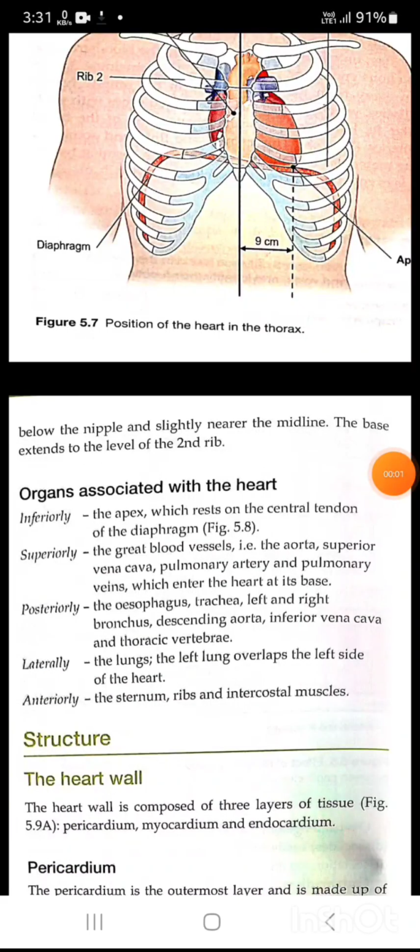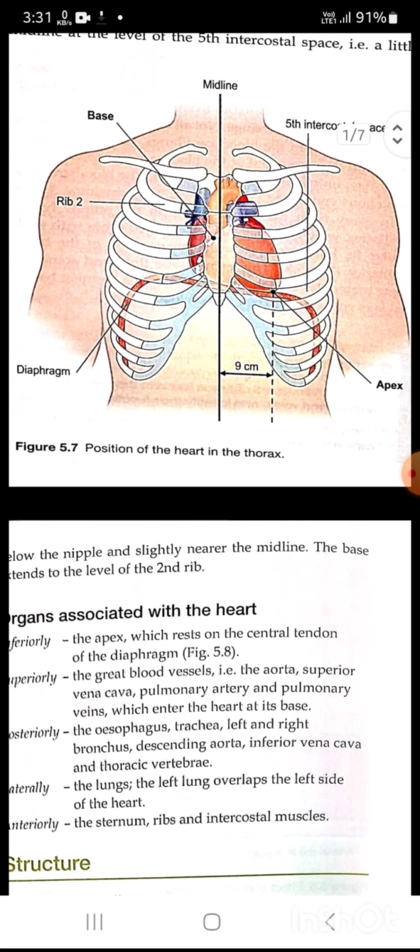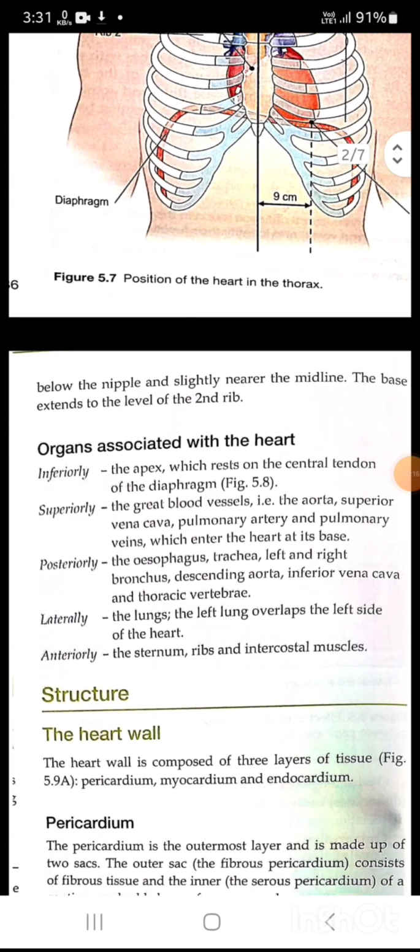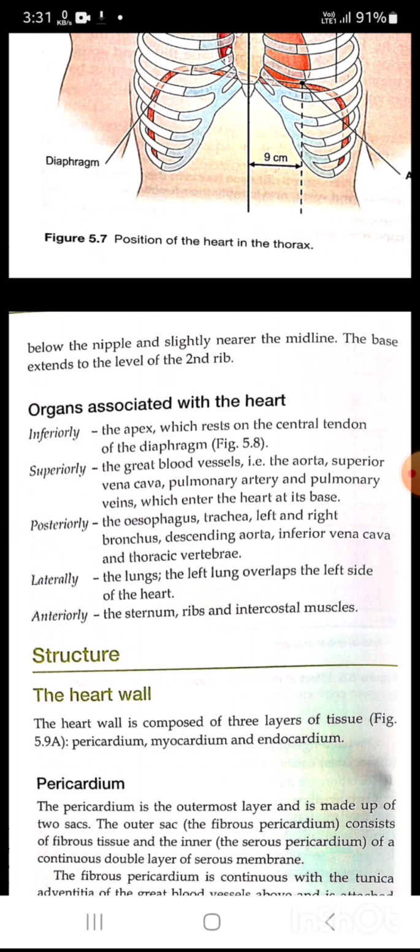So, next are the organs associated with the heart. Inferiorly, the apex rests on the central tendon of the diaphragm. We can see the central tendon of the diaphragm here. Superiorly are the great blood vessels, meaning the upper side of the heart: the aorta, superior vena cava, pulmonary artery and pulmonary veins, which enter the heart at its base.